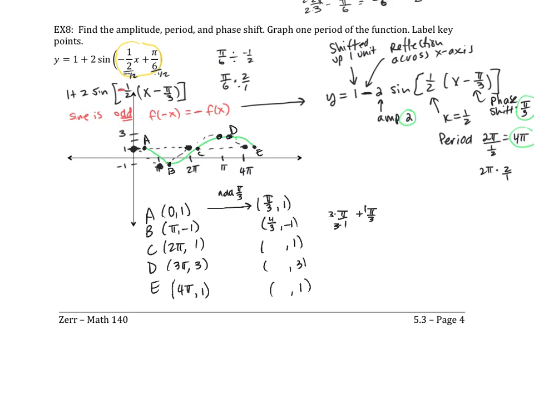This one would be 2 pi plus pi over 3, so it'd be 6 plus 1 more pi's over 3, so that'd be 7 pi over 3. The next one is 10 pi over 3 and 13 pi over 3. Okay, so that's how you get to your new key points applying that phase shift.